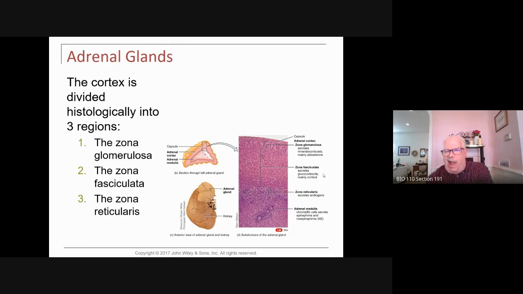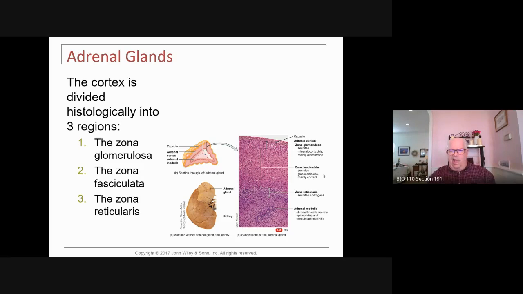And the zona reticularis secretes an androgen. That androgen is DHEA, and we'll talk about DHEA in a minute. It is like testosterone. Testosterone basically comes from your ovaries and testes, but the adrenal gland does secrete a weak androgen called DHEA. Okay? That's the cortex.